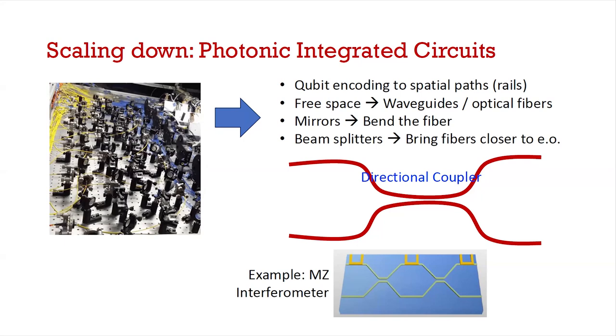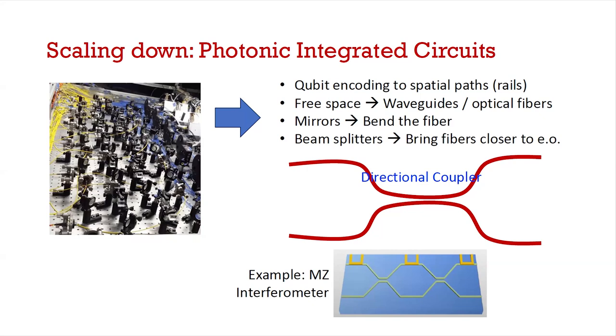Basically, by heating controllably, you can elongate the length a little bit and create some phase shifts. You can have two beam splitters and phase shifters to generate a Mach-Zehnder interferometer. So these are just thermally introducing some phase shifts.